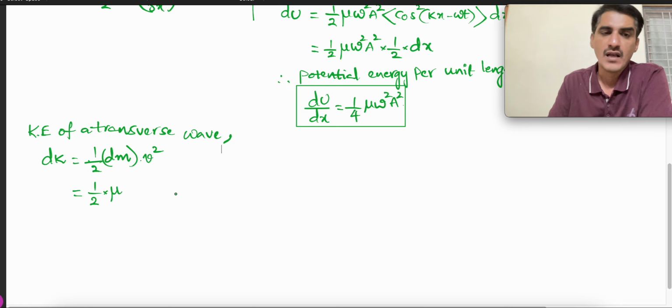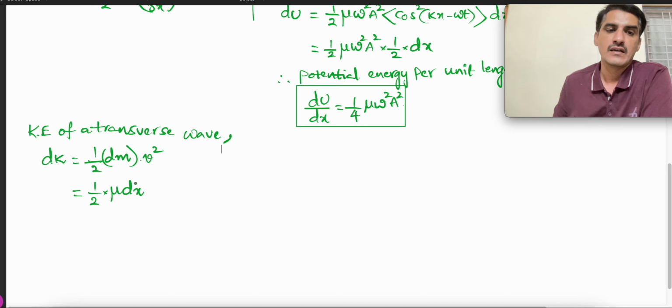Actually we have to write lambda, but lambda in waves may be confused with wavelength, so I am taking a separate term, mu. Mu is density into length, which gives dm. So half into mu into dx into v square.